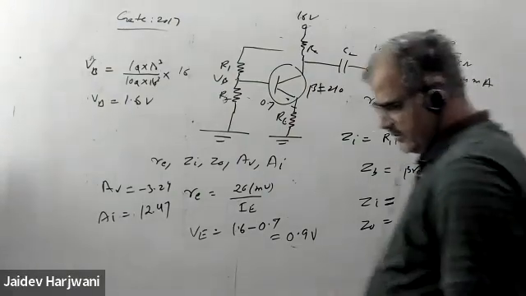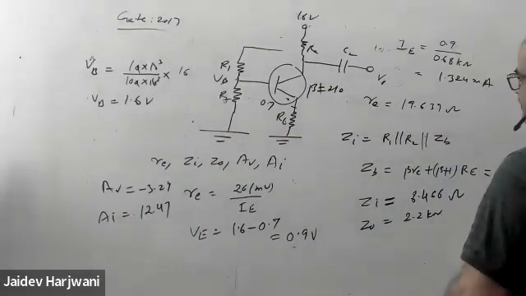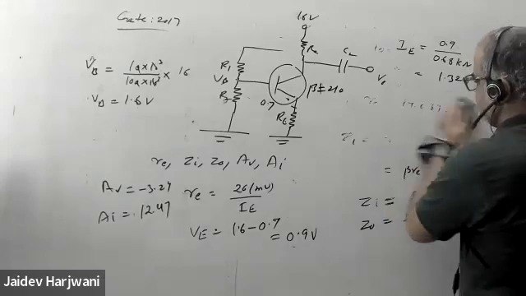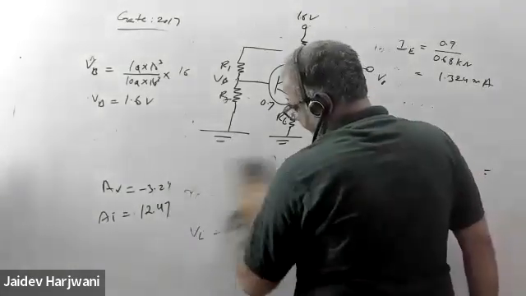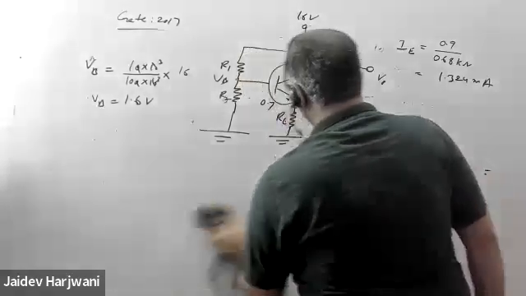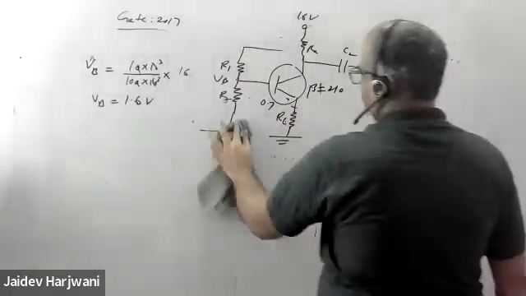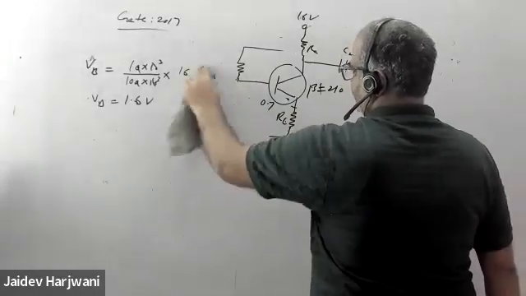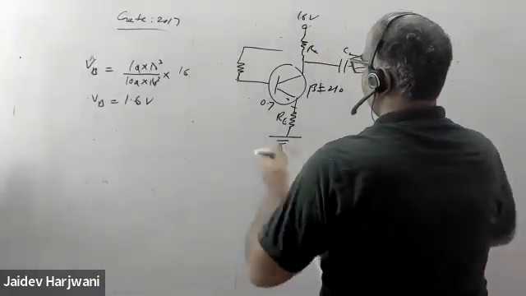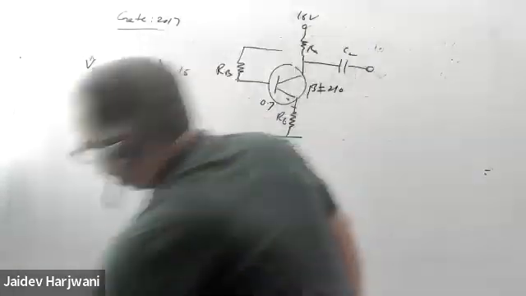Okay, so I'm erasing this one. Writing equations is very simple. Just see the circuit and calculate. Now this particular question: what we have done today, here we had RB, RE here.